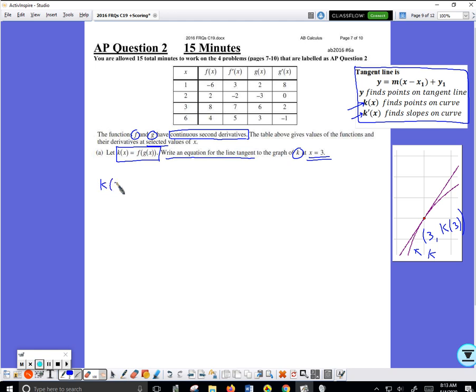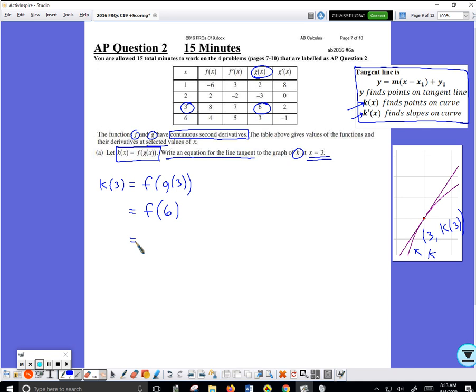So I write k of 3 is going to equal f of g of 3. So that's going to be f of g when x is 3, which has a value of 6. So f of 6.